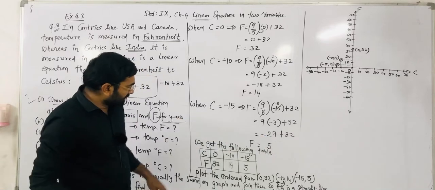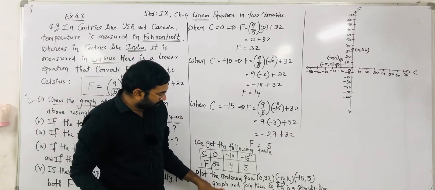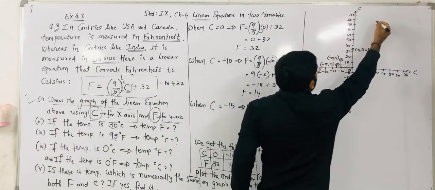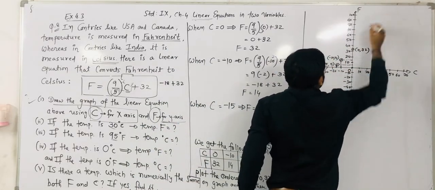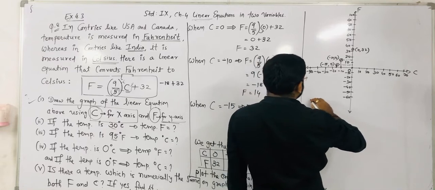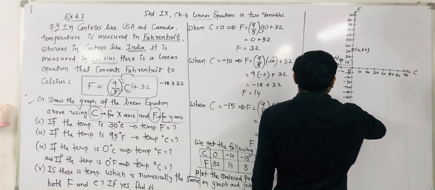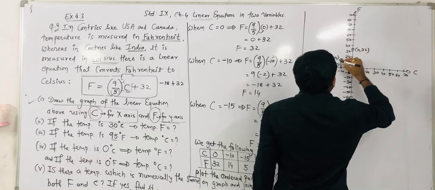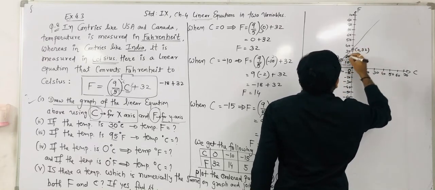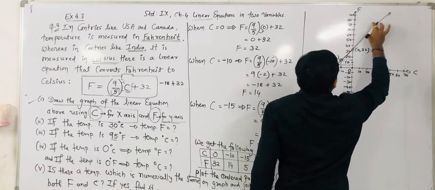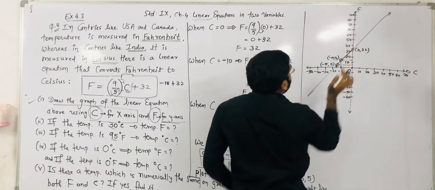Okay. Now as I told you, after plotting the points on the graph, we have to join them. So all 3 points we have to join, right, with a straight line. That way we join all the points using the scale.